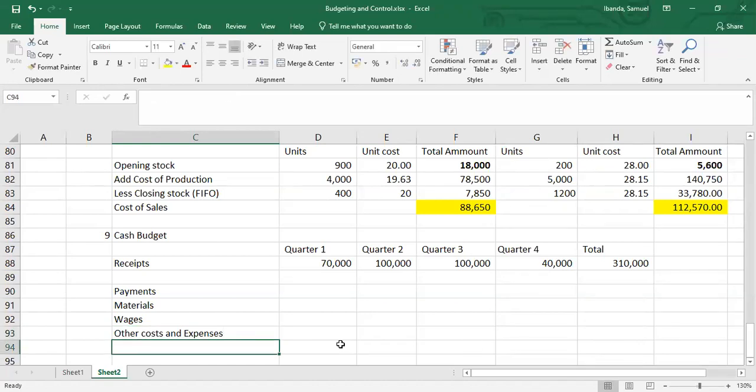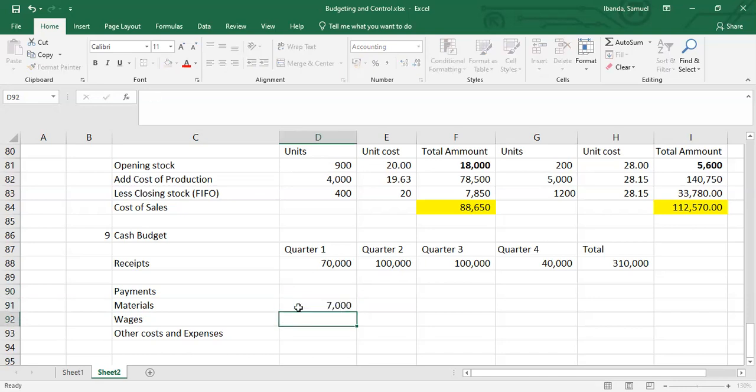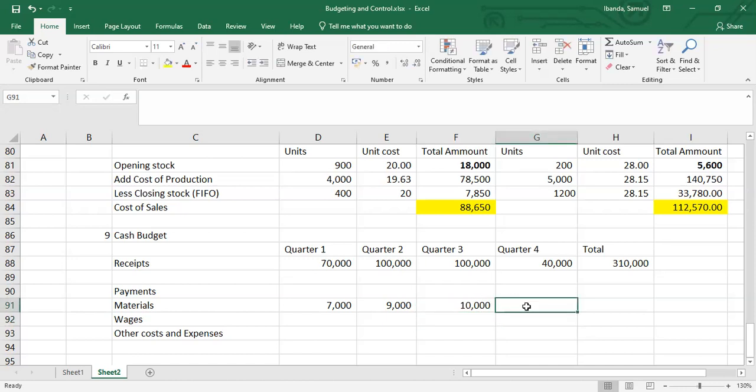When it comes to quarter 1, for materials, this is 7,000. Quarter 2 is 99,000. Quarter 3 is 10,000. And then quarter 4 is actually 5,000. That is basically what we have.